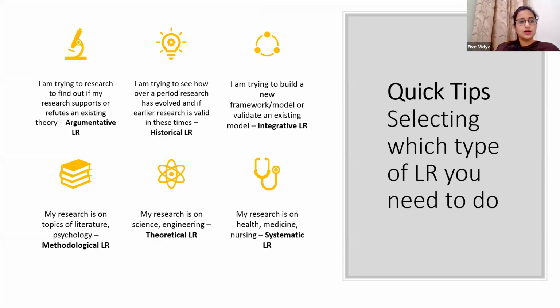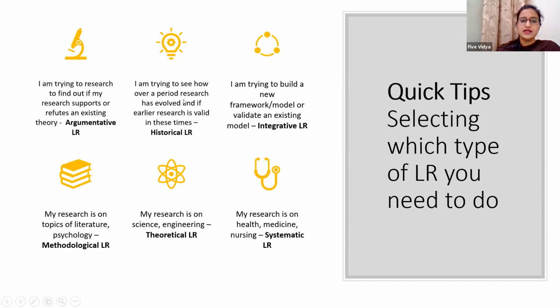So it's just a quick overview of what we have discussed till now. Let's say you are trying to find out if your research supports or refutes any existing theory. There you can use the argumentative literature review.